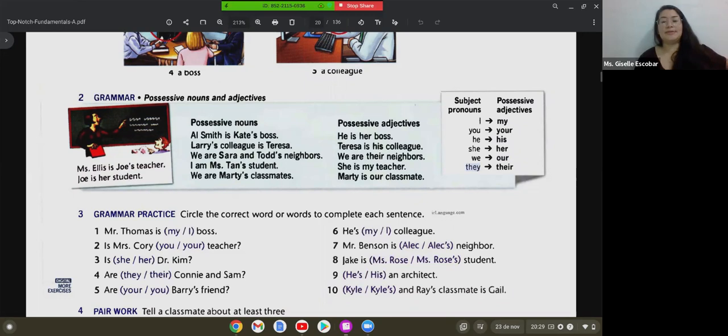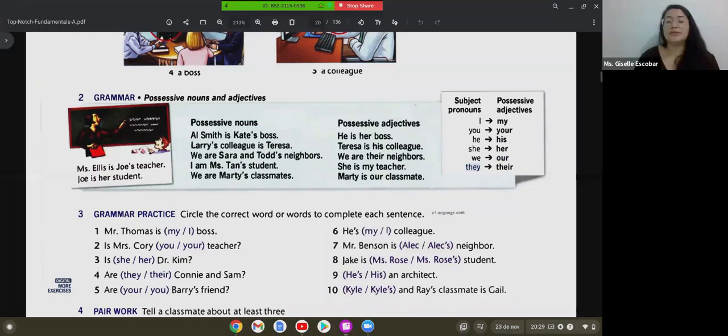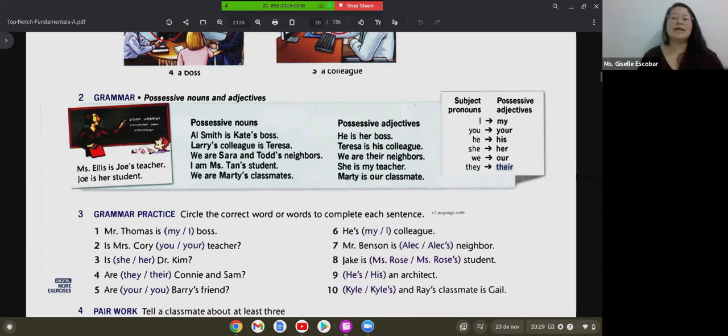They, their. Okay, can you repeat? Their. Se pronuncia como un poquito diferente para diferenciarlo de there, de ahí.